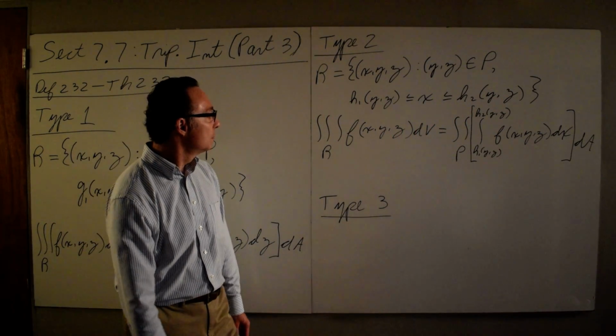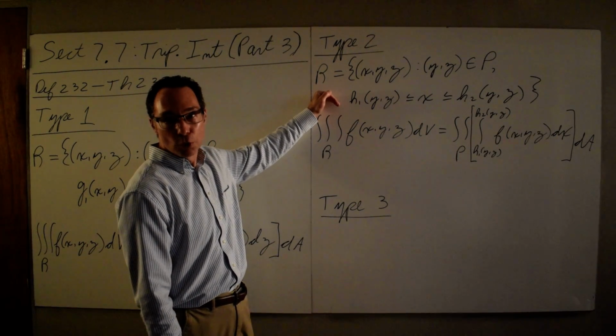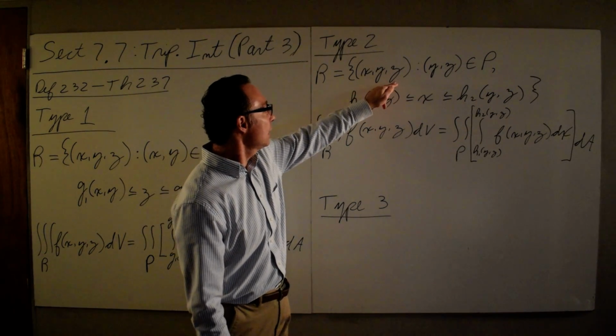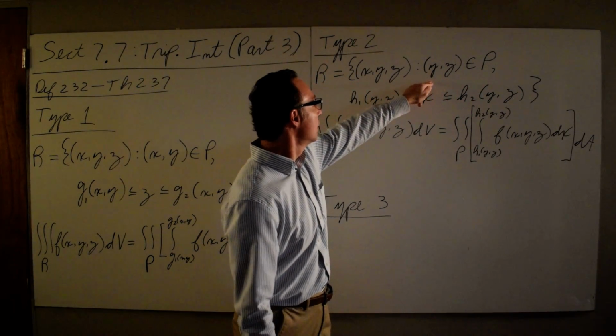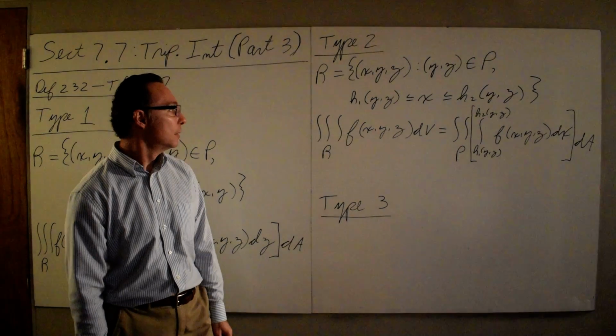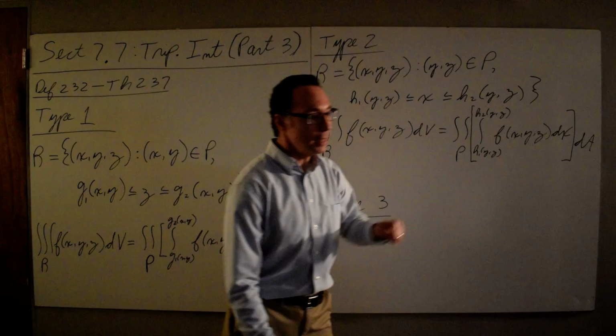Type 2 region. Here we have the x stuck between two functions of y and z. So we have (x, y, z) right here, where y and z are in this projection. This is the projection of R onto the YZ plane. And so x is stuck between two functions of y and z.